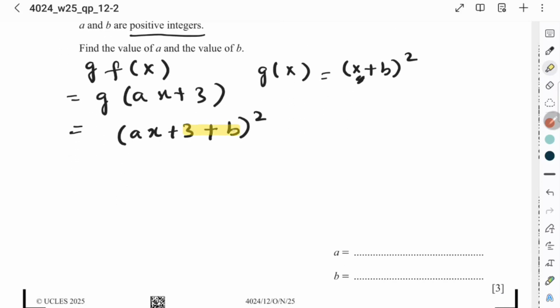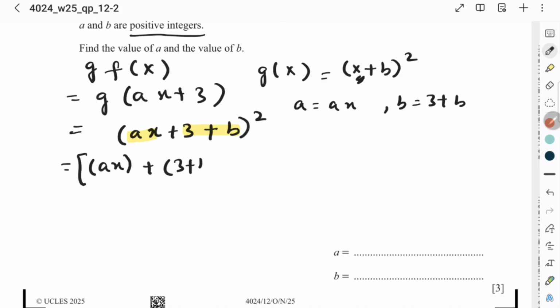Just take it like a and b. For example, if I'm taking a as ax and b as 3 plus b, so (a plus b) whole squared. So right now what I'm doing is (ax plus 3 plus b) whole squared. Whatever you want, you can multiply by itself or expand first and then put the value of x. It's up to you, but you get the same answer.